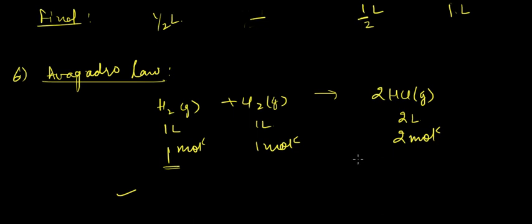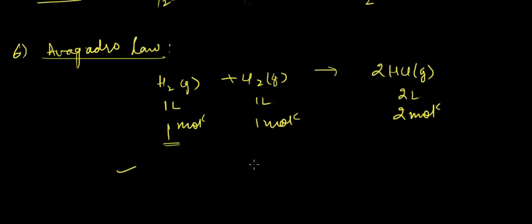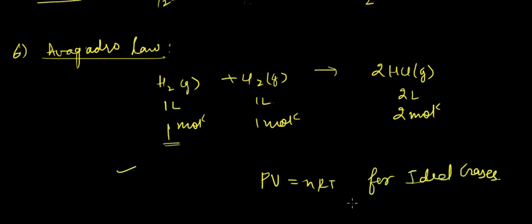We just have to remember the form PV equals nRT for ideal gases, and the previous laws will fall into place.